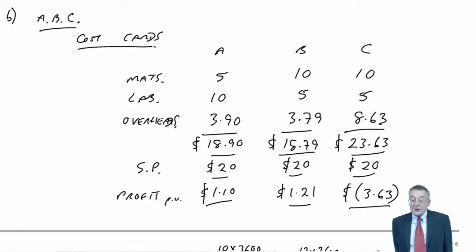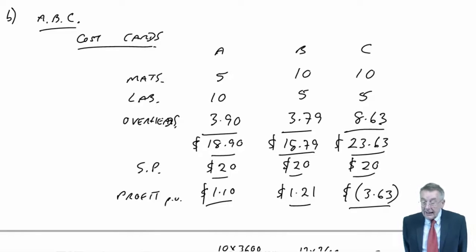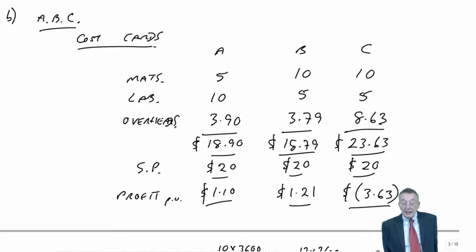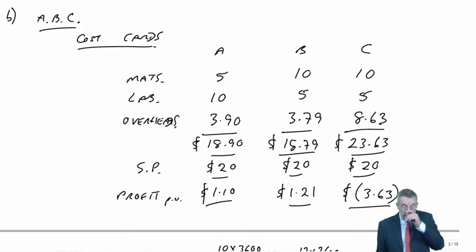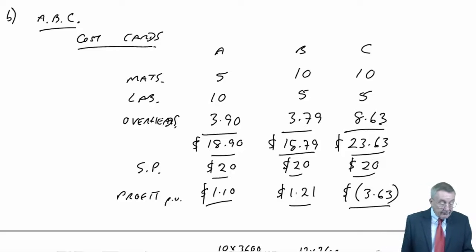I mean, it's C that's the problem. It's C that is loss-making. It's C where we need to consider, can we cut the costs in any way, or can we increase the selling price? Because at the selling price of 20, we're losing money.